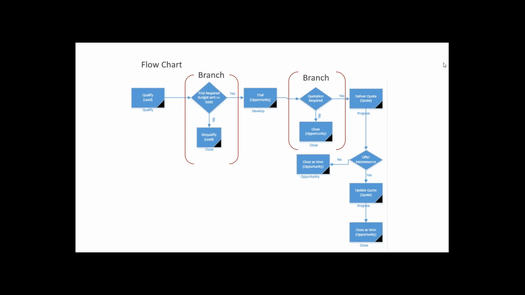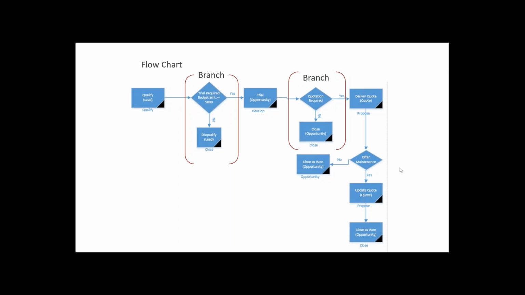This branching becomes critical to accommodate inside CRM so that your sales team can proceed in the right manner through the right steps. And business processes, as I understand with 2015, have significantly improved to allow some of these features that you're showing today.